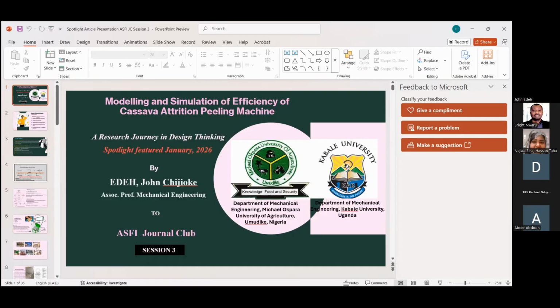The challenge is that cassava cannot come in diverse shapes; you cannot tell it the shape it will come in. The challenge is how to navigate and handle whatever shape it comes in.